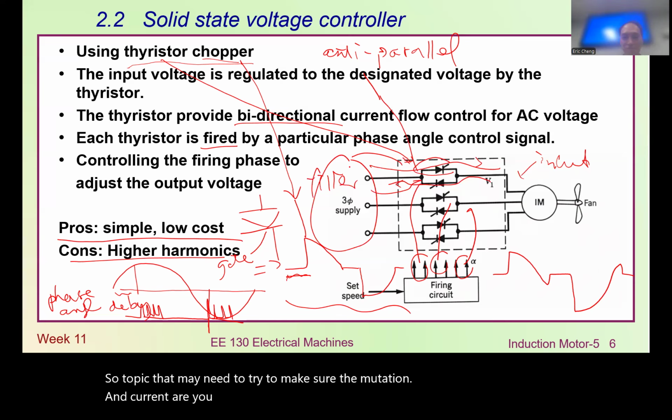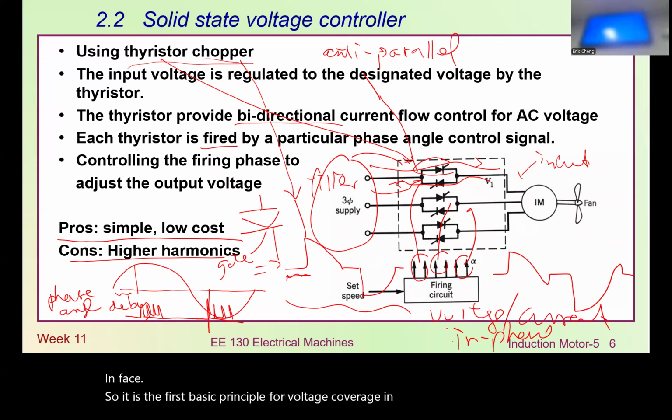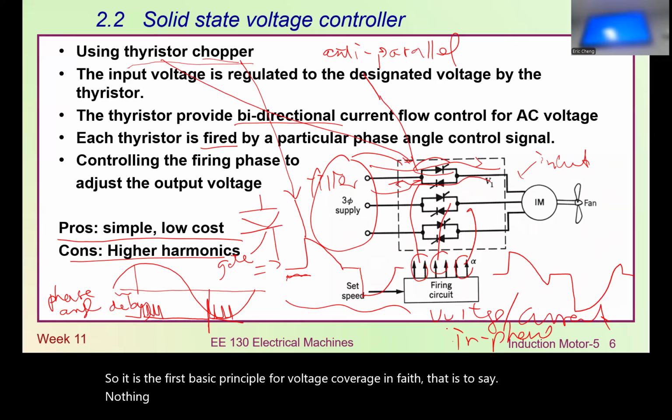So voltage and current in phase. That's the first basic principle. If the voltage here is able to ensure the current is also in phase, then the power factor will be equal to 1.0.